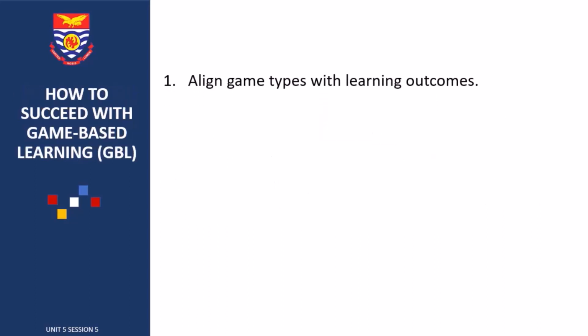How do you succeed in game-based learning? 1. Align the game types with your learning outcomes. There are different types of games: board games, adventure games, puzzle games, among others.